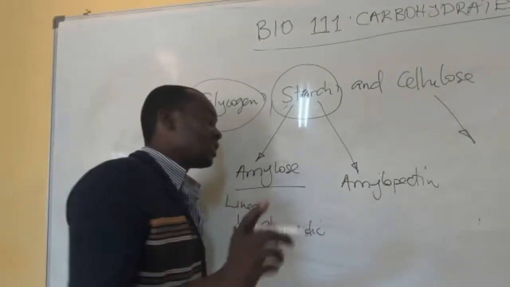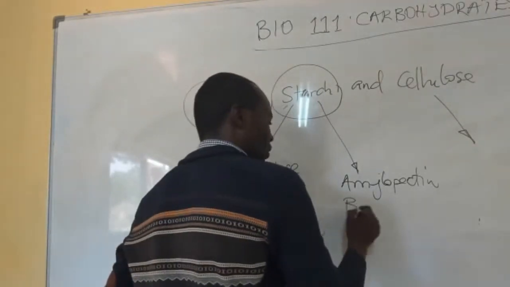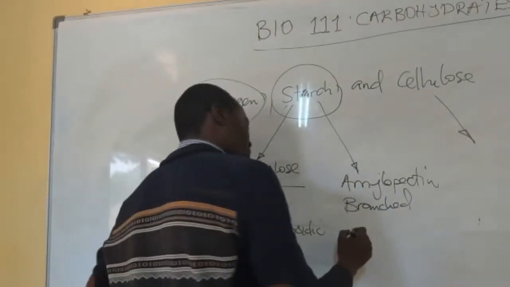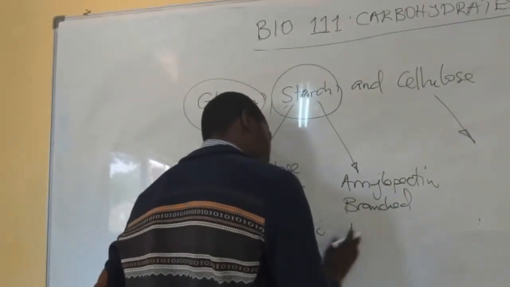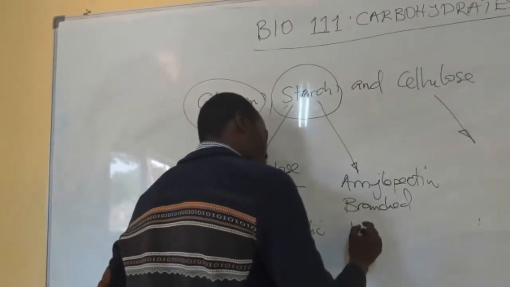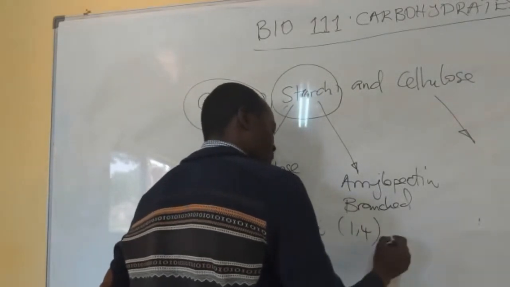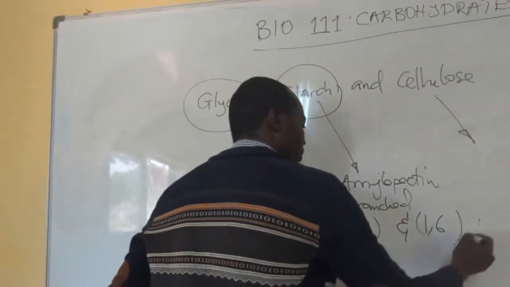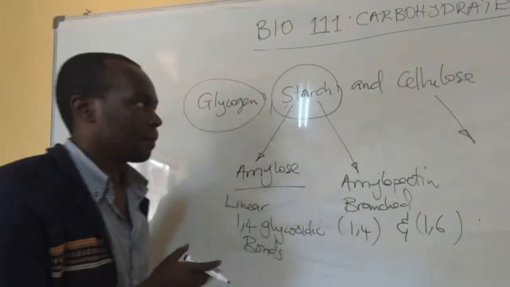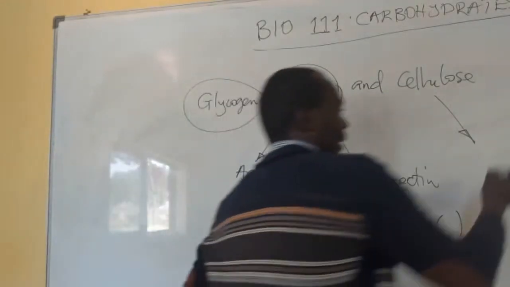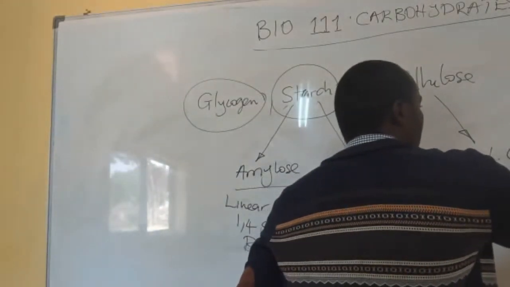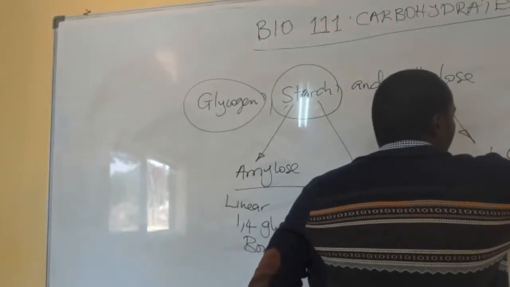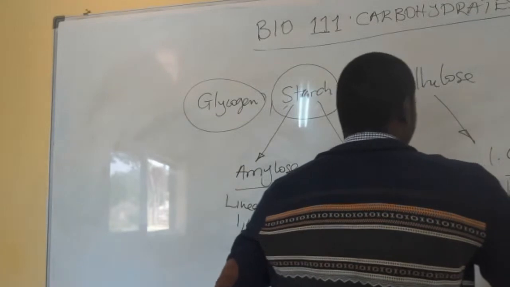But amylopectin, on the other hand, is branched. It's not linear, because it has your 1,4 glycosidic bonds and 1,6 glycosidic bonds. Cellulose, on the other hand, has 1,4 glycosidic bonds, so this one is also linear.